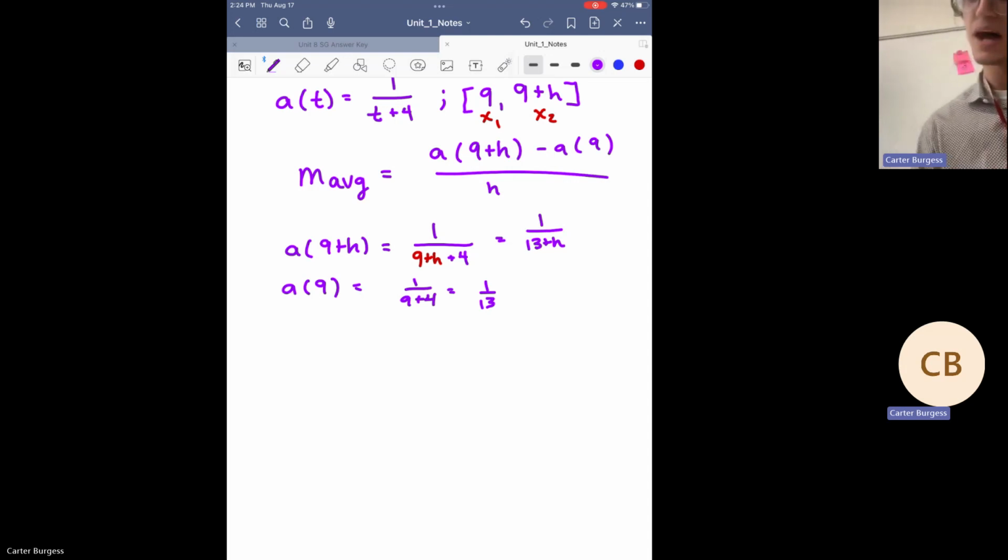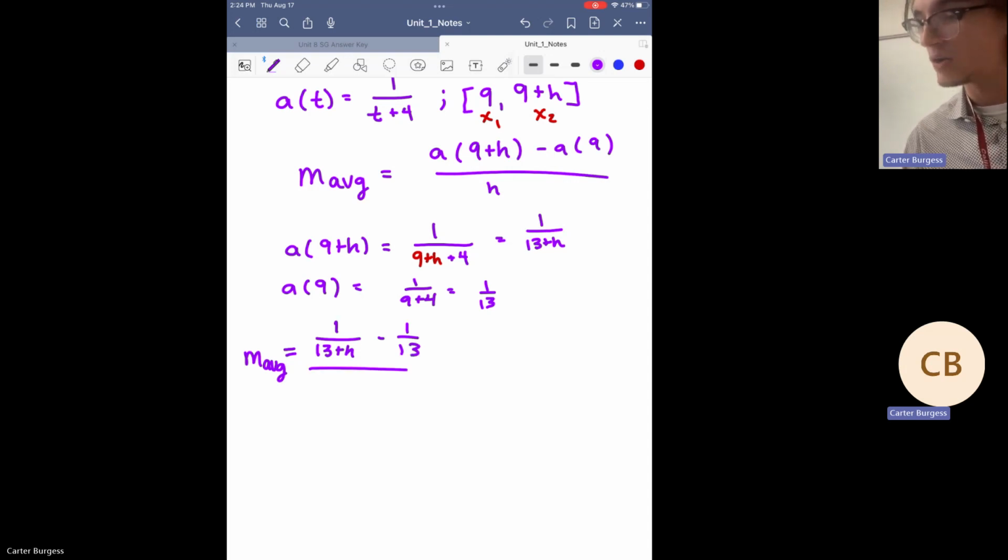And so what is my average rate of change? Well, this is going to be 1 over our a of 9 plus h. That's 1 over 13 plus h, minus 1 over 13, all divided by h. That's our slope.